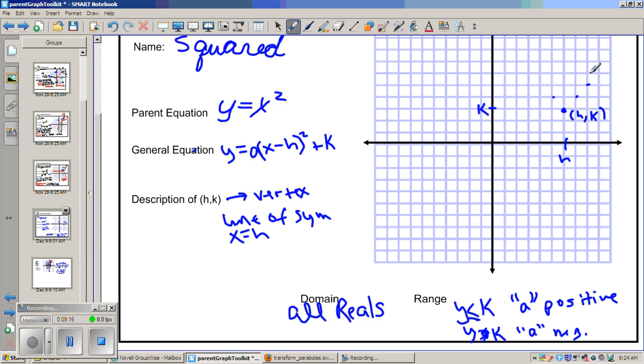Over 2 up 4 from that point. And you could draw your parabola in. And notice that there's a line of symmetry here at x equals h. The parabola is symmetrical on both sides. So that's what we did for the squared one.